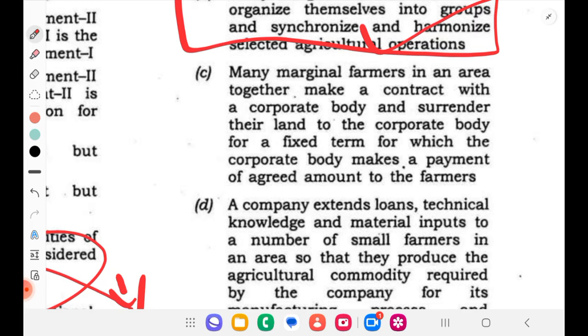Option C. Many marginal farmers in an area together make a contract. So, this contract part we'll see with corporate. We have seen corporate farming, right? So we have corporate farming, in that it will come, not particularly to the small farmers land field, right? So this will be wrong.